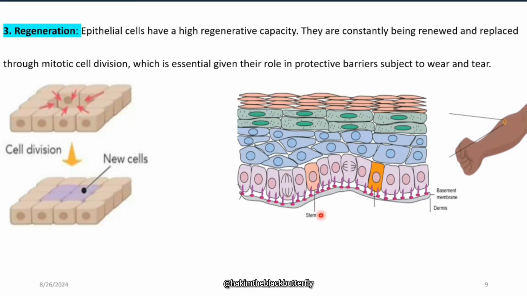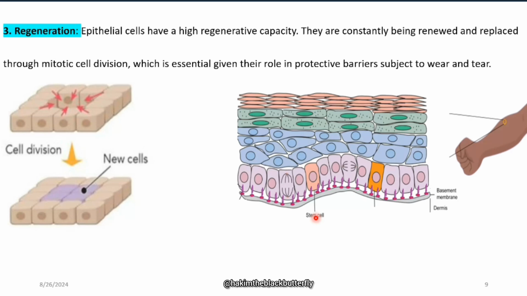All epithelial tissues have stem cells that are programmed to continuously divide to replace any injured or epithelial cells that may be worn off, okay, from its site.